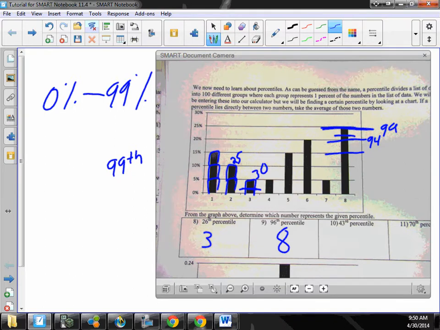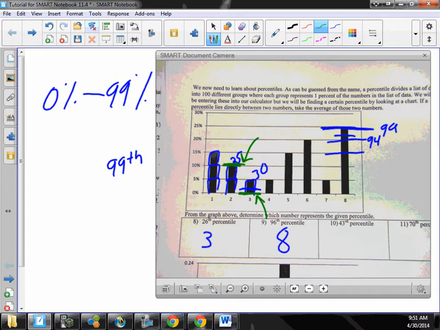So the top of the lines count, and the bottom of a line does not count. Because you could say that this is 25 and that is 25. But you can't score a 2 and a 3 and be in the 25th percentile. It's a 2 or a 3. So if it lands on a line, it's always the top and not the bottom.